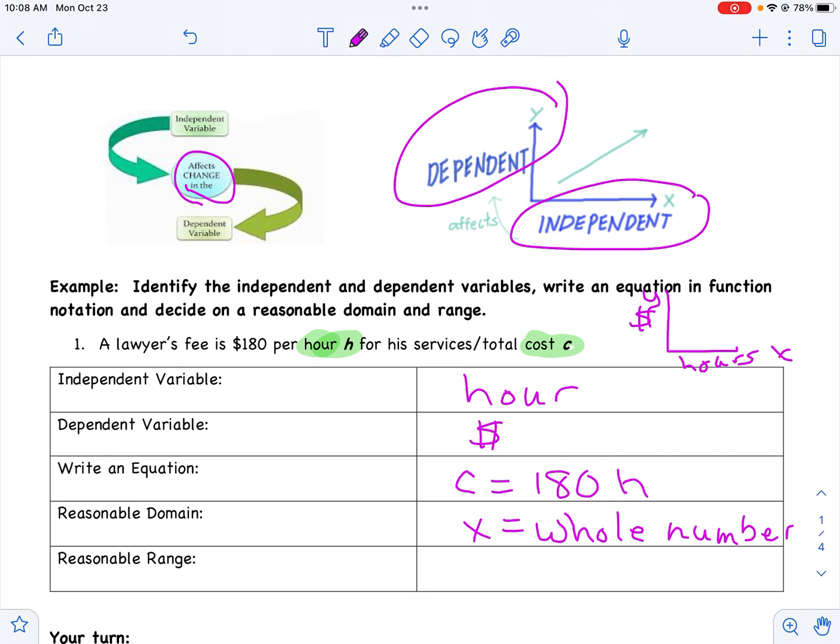Lots of places bill by the half hour or by the 15 minutes. So you could list 15 minutes, 30 minutes, 45 minutes, an hour. Those could be my potential input numbers. You would not have any negatives because you can't have negative time. Reasonable ranges would then also be whole numbers because you're going to take 180 times a whole number.